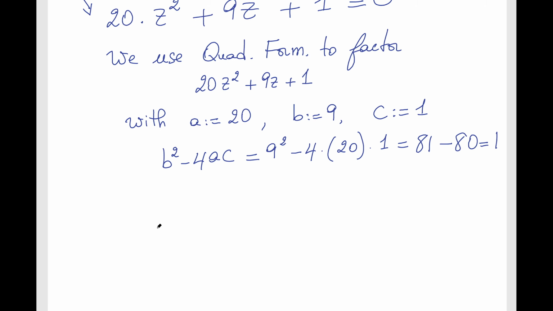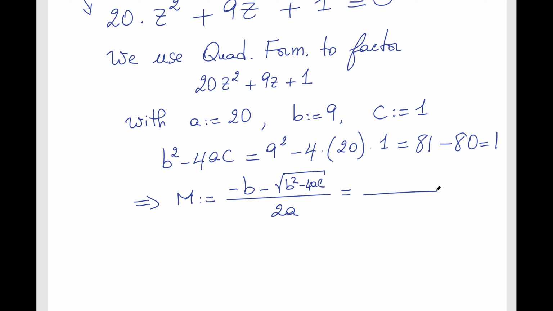Okay, so as such, the m that we used to call, which was by definition negative b minus the square root of the discriminant divided by twice a, in this context becomes minus the b. Who's the b? It's 9, minus the square root of our discriminant, which is 1, divided by twice a, and twice a is 40, right?